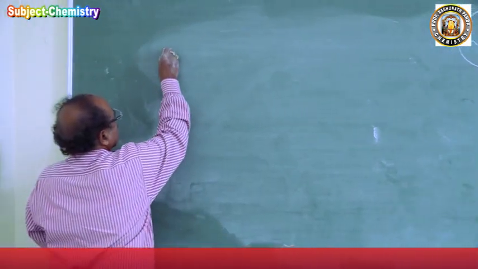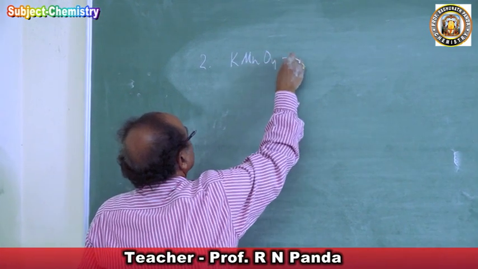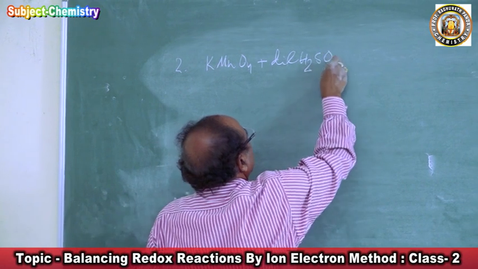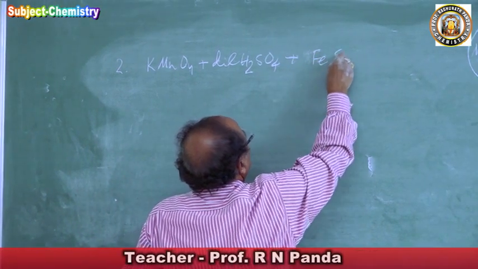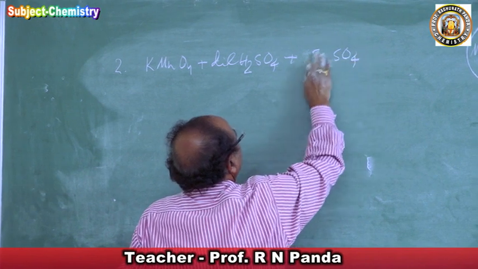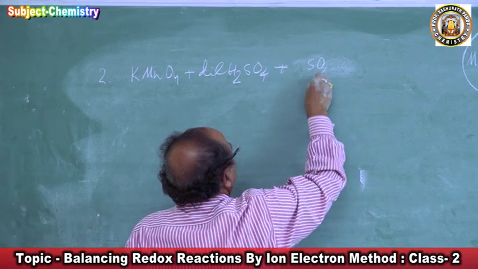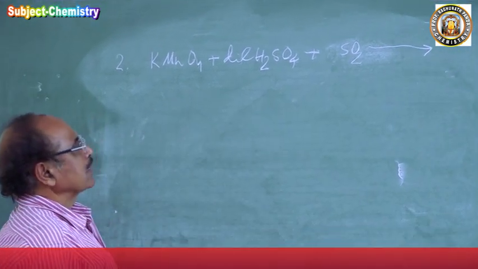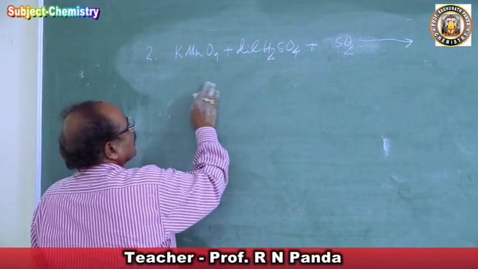Now I am taking a second equation: KMnO4 plus dilute sulfuric acid plus ferrous sulfate, FeSO4. Or let's take a simple sulfur dioxide, because we have done this, and then we will go to ferrous sulfate. What is happening?